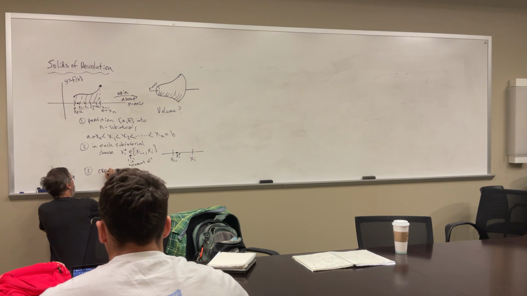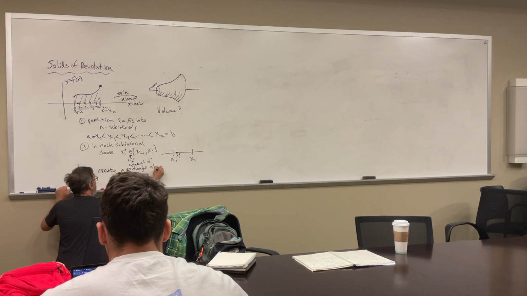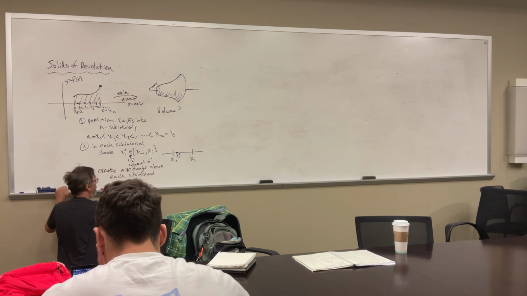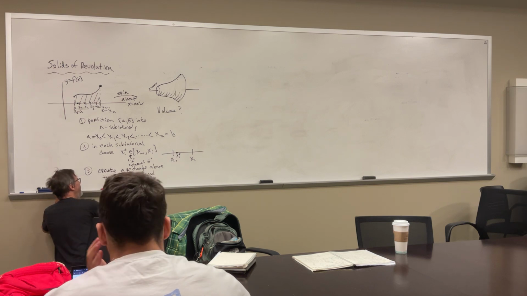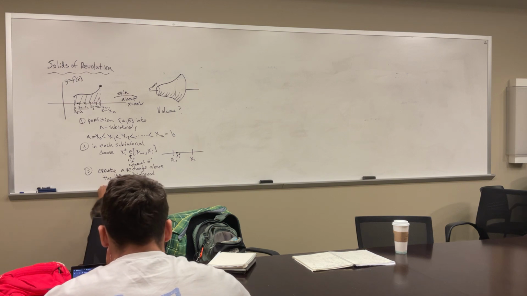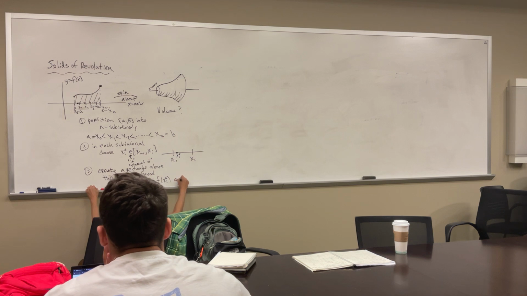Create a rectangle above each subinterval, of height, how about we say above the ith subinterval, of height f of x sub i star and width, the width of the subinterval.